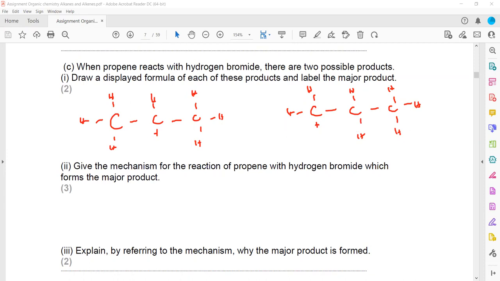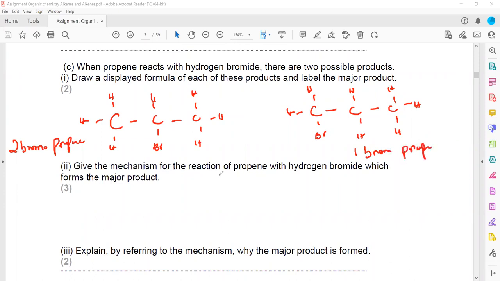On the left-hand side, because it has more alkyl groups surrounding it, that will be the major product. So 2-bromopropane will be the major product and 1-bromopropane will be the minor product.